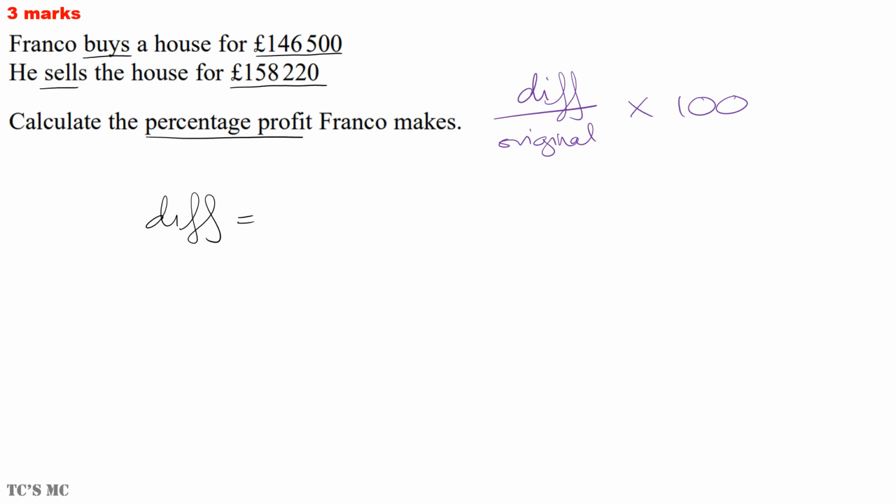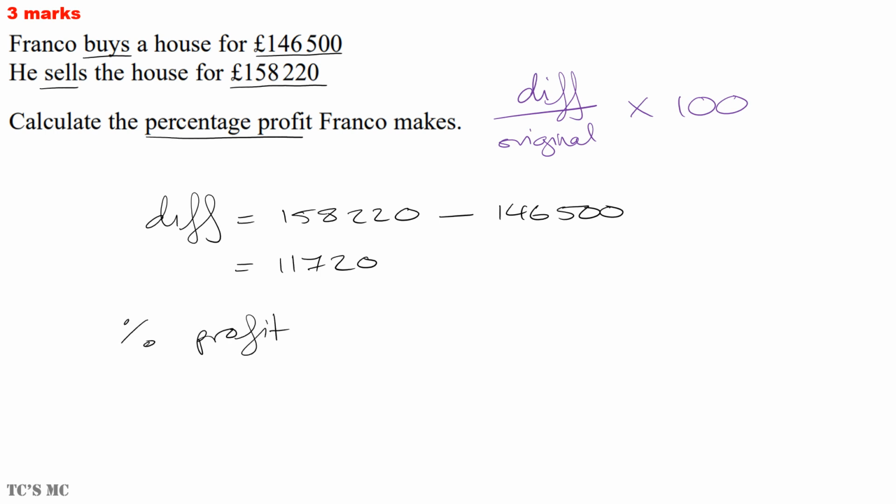So we need to do 158,220 subtract 146,500. We get 11,720, and now we have 1 mark. Then to work out the percentage profit, we need to do 11,720 divided by the original number.